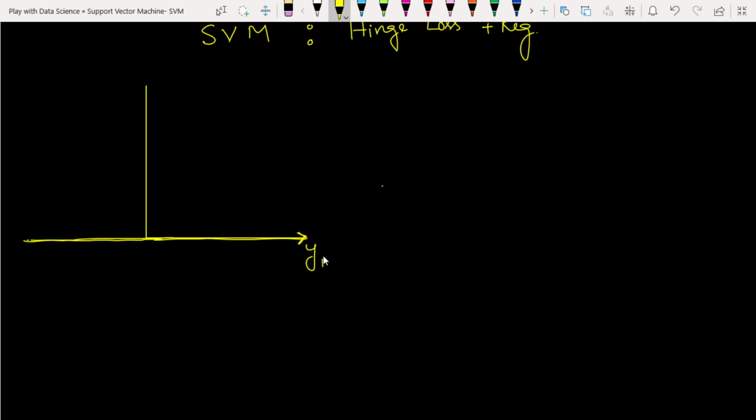Here we are taking yi times f of xi. We see that f of xi changes, while yi is fixed for every point. Here f of xi is simply w transpose xi plus b. This quantity we call zeta.